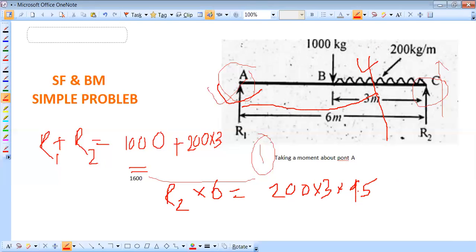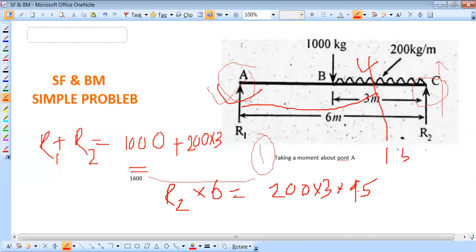The UDL portion is 3 meters, so what is the middle of this load? It is 1.5. Then 1.5 plus the other distance of 3 is 4.5.